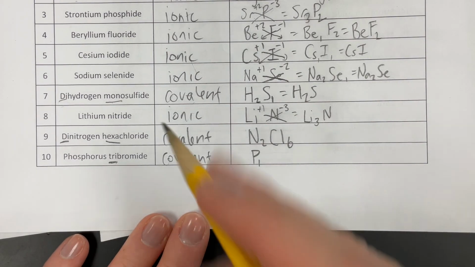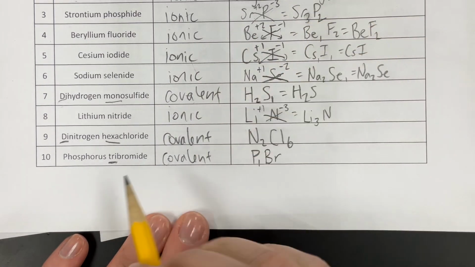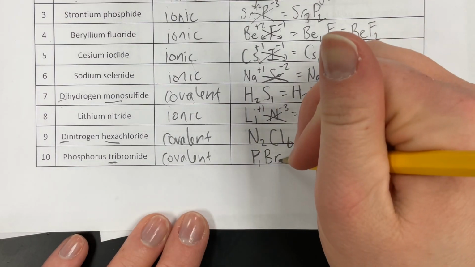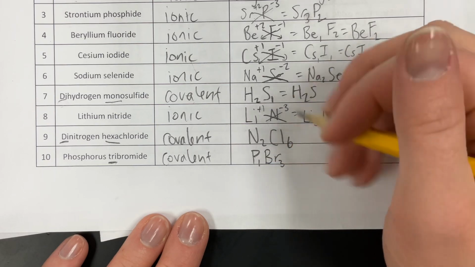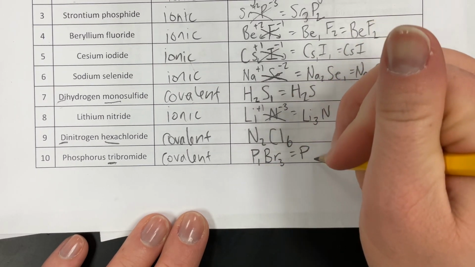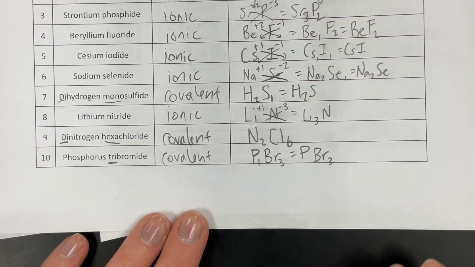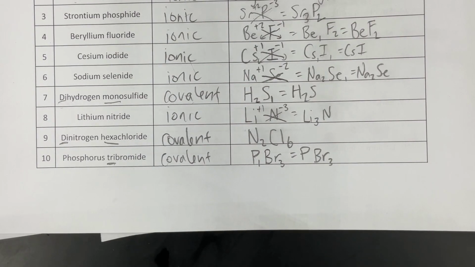What's the symbol for bromine? Good, it's Br. And since it's tribromide, how many bromine do we have? Good. So we just end up with 1 phosphorus, 3 bromine, which you can just reduce and write PBr3.